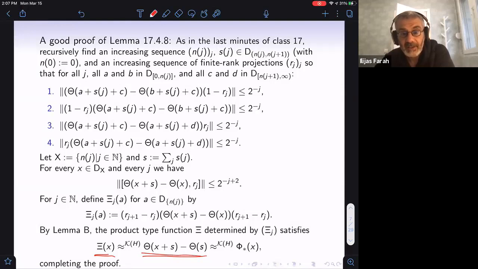And because theta is the lifting of phi, this is equal modulo compacts to phi star of x, and that completes the proof.